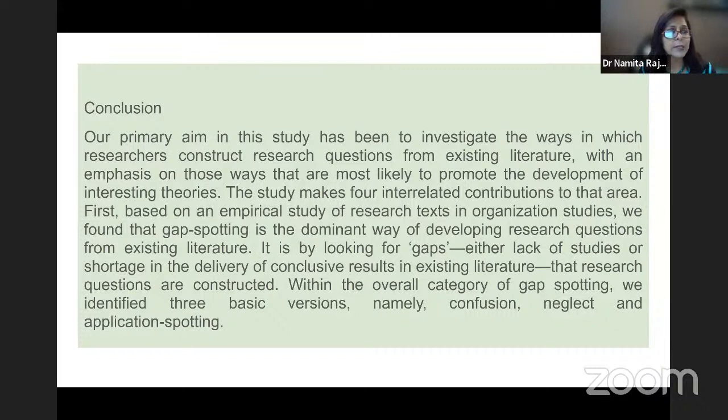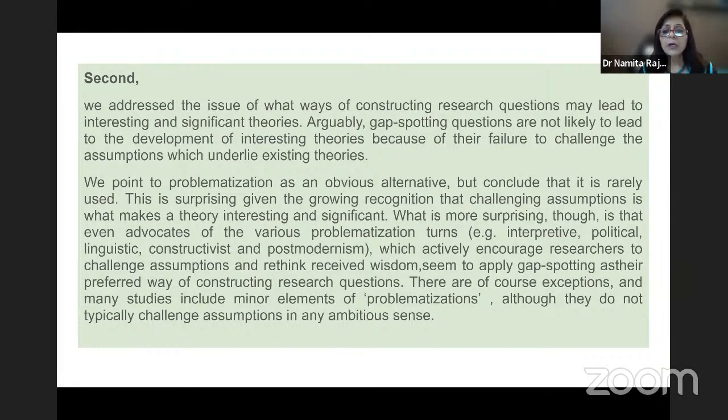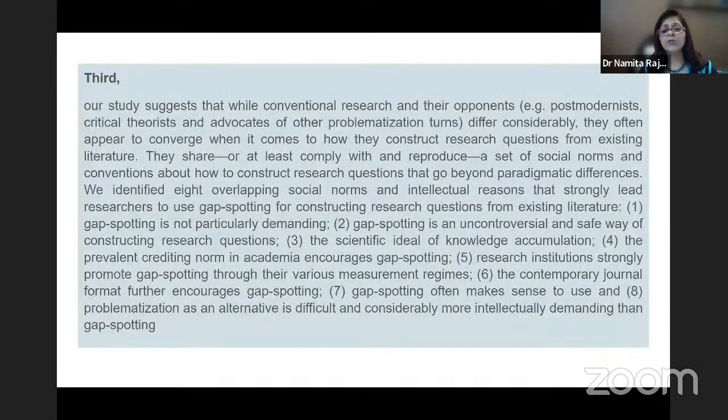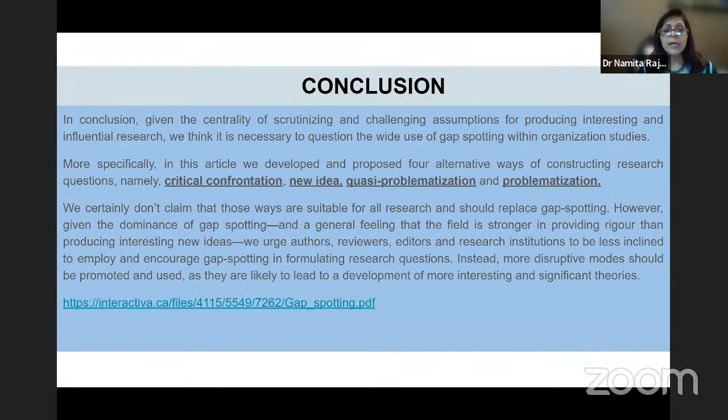Our primary aim in this study has been to investigate the ways in which researchers construct questions from the existing literature and find out the different ways. And we came to this: given the centrality of scrutinizing and challenging assumptions for producing interesting and influential research, we think it is necessary to question the wide use of gap spotting within the studies.